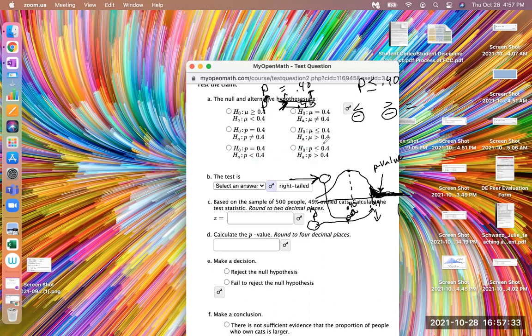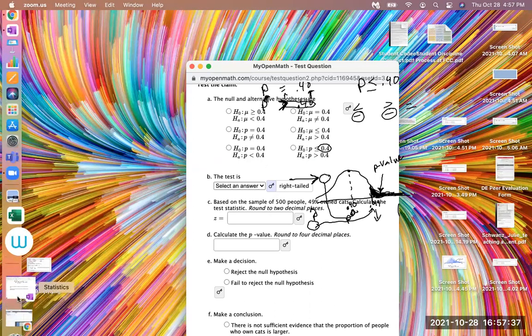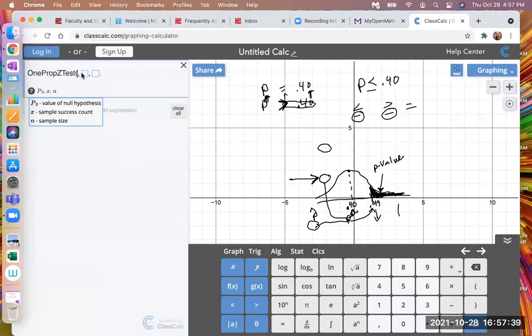And it's 0.4. So that's the first number they want us to enter to do this test. And then the X value, it's the sample success count. So in the sample, what was the number of people who had your desired trait? That's what they're asking for there.